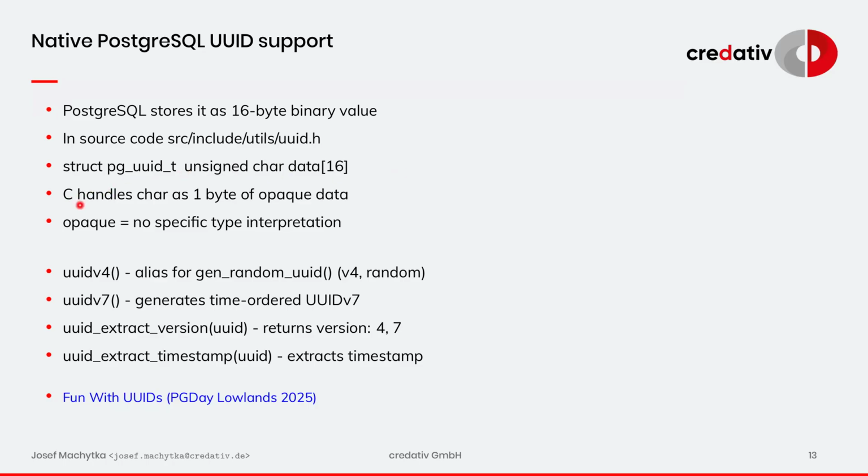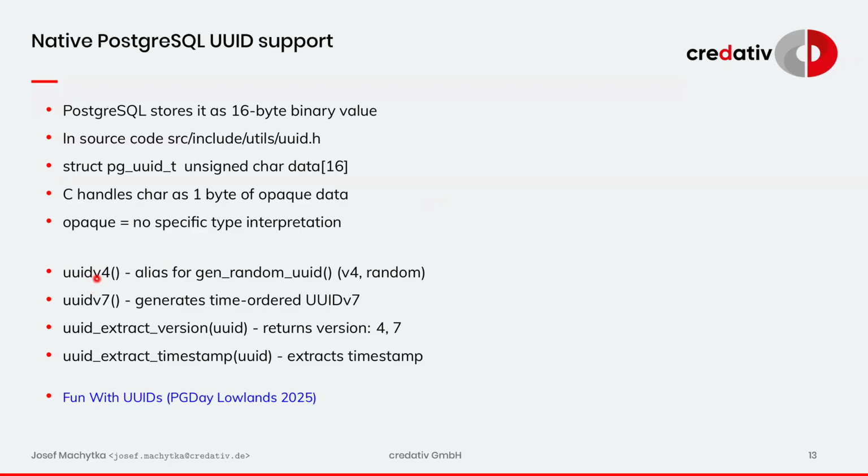C language handles char, or whatever the pronunciation is, as 1 byte of opaque data, meaning data have no specific type interpretation and must be interpreted by procedures which actually process these data.